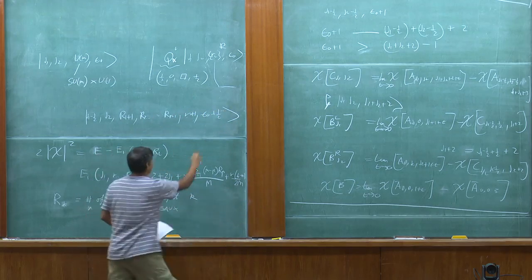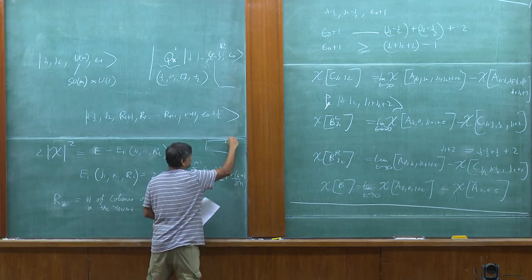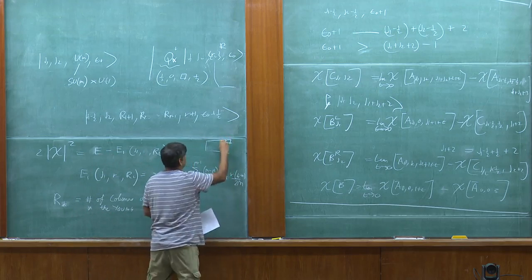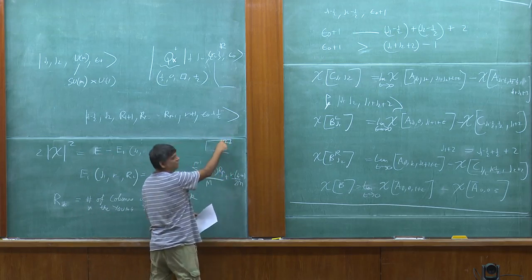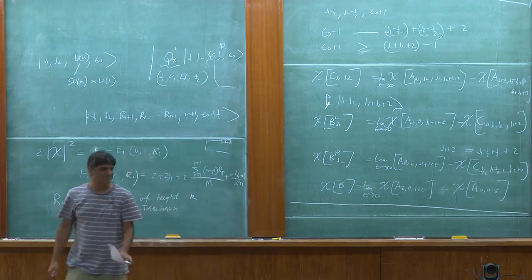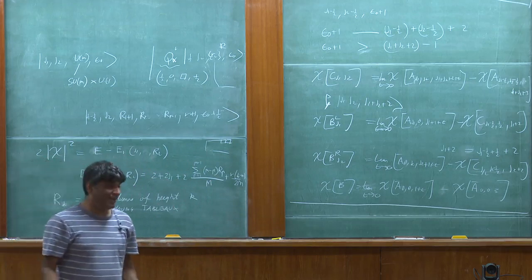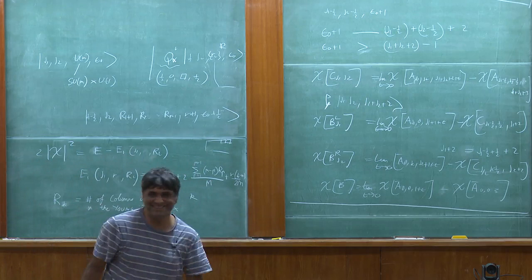Right, because I add one more box at the end of the tableau. So if there was one column of length 1, it will now become 2. The previous representation was also good, but you have to change this formula. Exactly, I've written the formula in this.